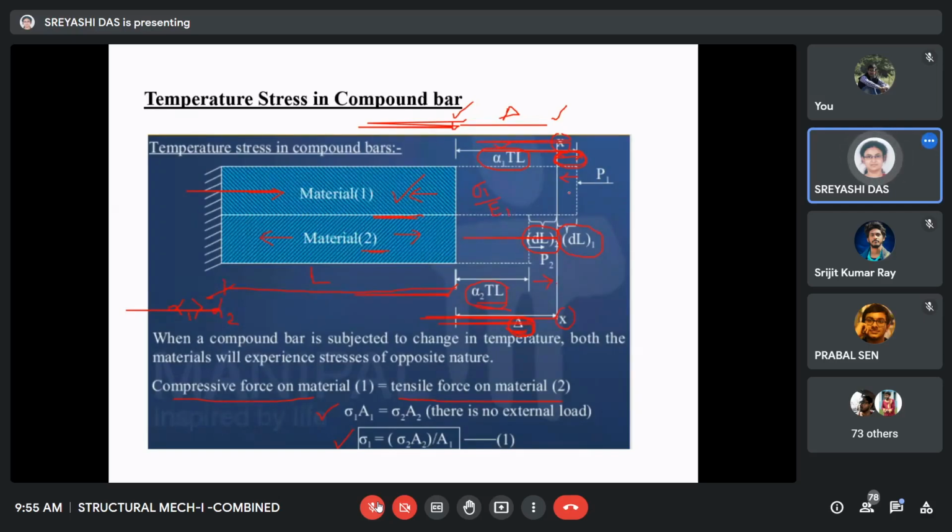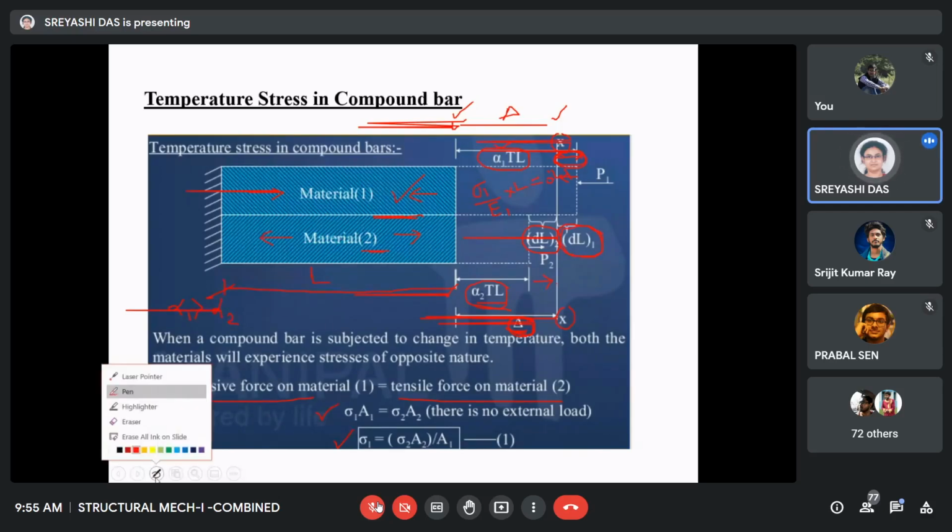Sigma 1 by E1 is the strain in material 1, multiplied by capital L, the original length of material 1. So this is the same as DL1, because the compressive stress produced in material 1 is due to the prevention of this length change, DL1.